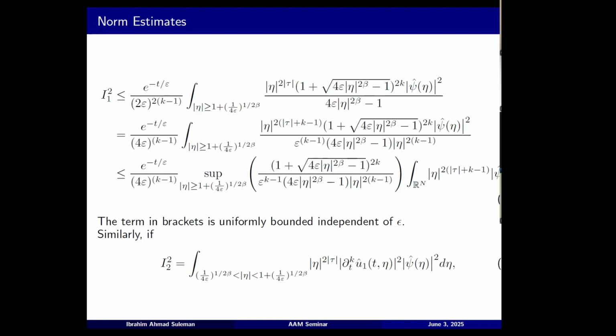Now we take the 2 in the power, and you'll see that we have a factor in the numerator looking like a factor in the denominator. Ultimately, this will cancel out, and we'll be left with a factor of eta to the power beta minus 1 into k minus 1. So here we make use of the fact that our beta is less than or equal to 1 to get a bound for this one.